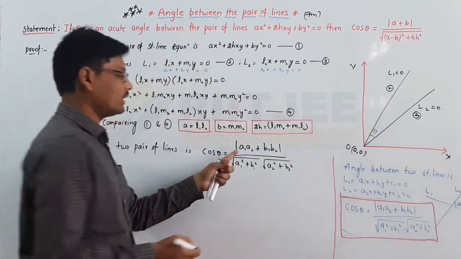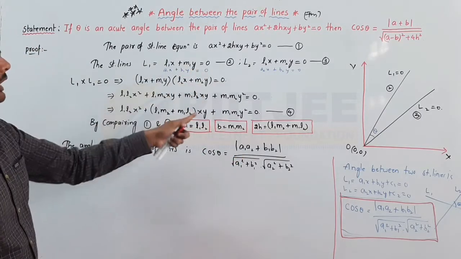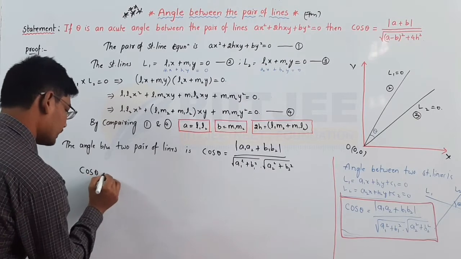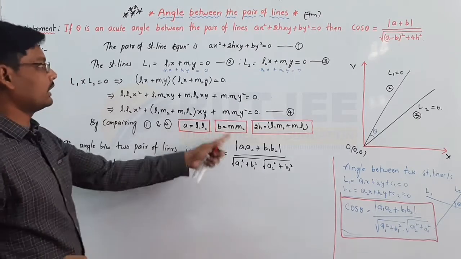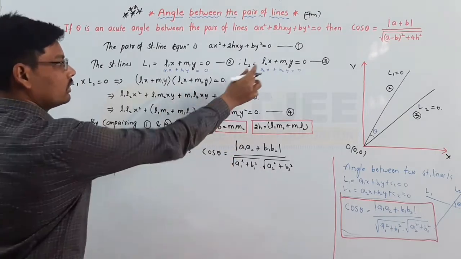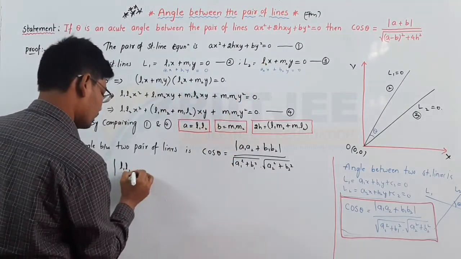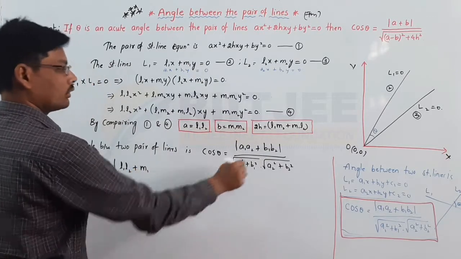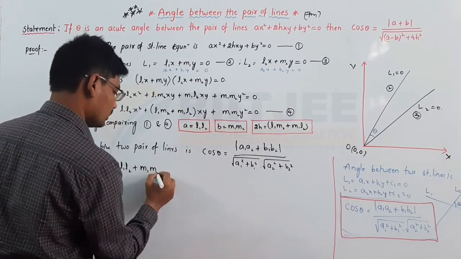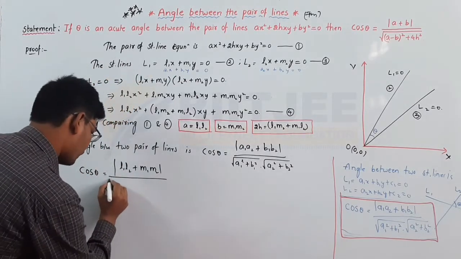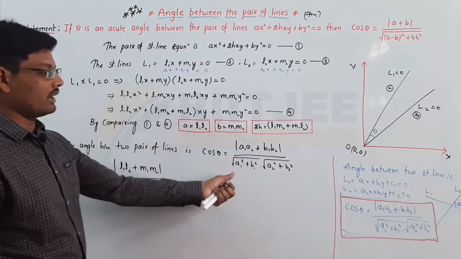Let's substitute the values of a1, a2, b1, b2 in this expression. Cos theta will become: a1 is nothing but l1, a2 is nothing but l2, b1 is m1, b2 is m2, and divided by square root of a1 square.